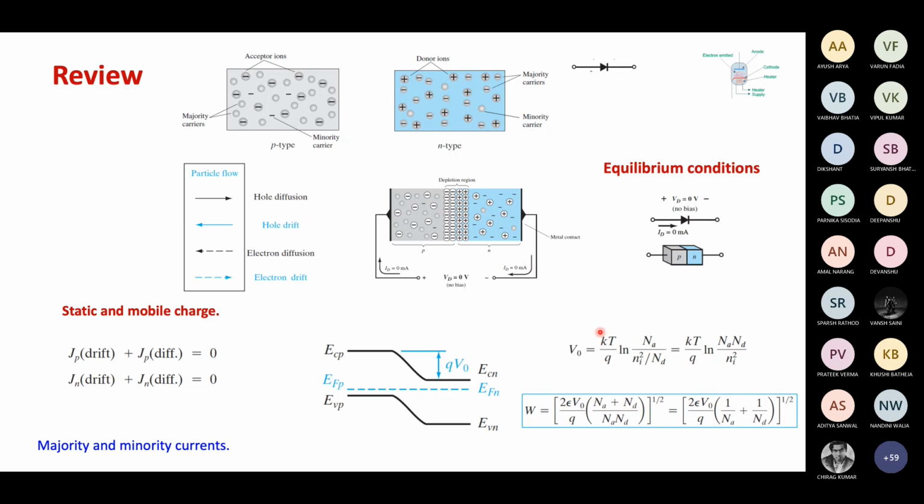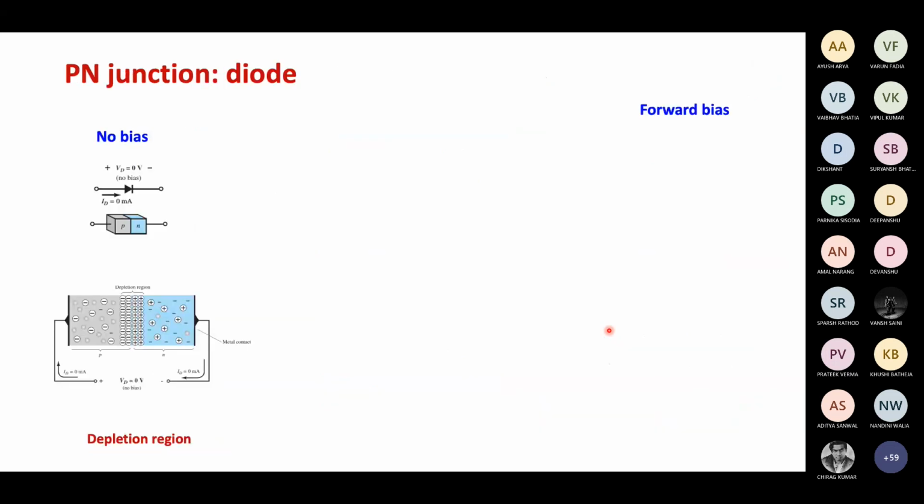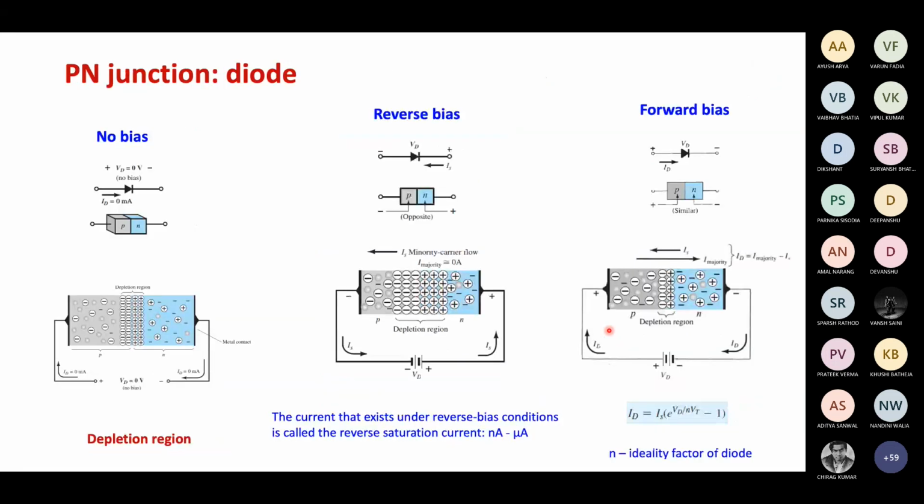It's a small calculation. What is VT at room temperature? I hope you know the Boltzmann constant and the electron charge. So that calculation should not be difficult. And this VT is clear now?